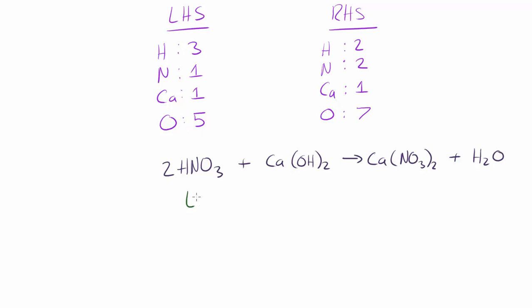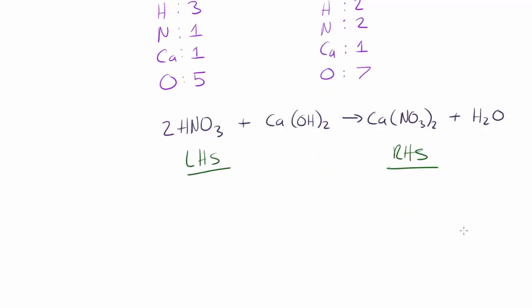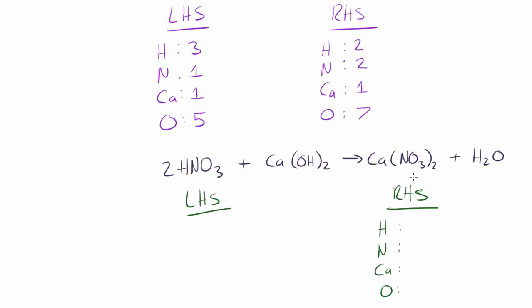So if you do that, left hand side, right hand side. We changed only the HNO₃ component, so the right hand side is going to be exactly the same as it was before. So if we write that out first, H, N, Ca, O, it's going to be exactly the same as before, which was 2, 2, 1, 7.